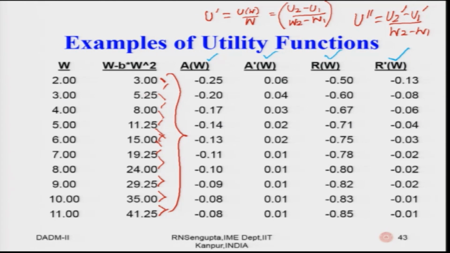Find the ratio of U double prime by U prime, put a minus sign, and that will give you A. Then find the first difference of A and divide by the first difference of W to get A prime. Similarly, multiply the values of A by W to get R, and then find the first difference of R divided by the first difference of W to get R prime. Based on that you can do the calculations.